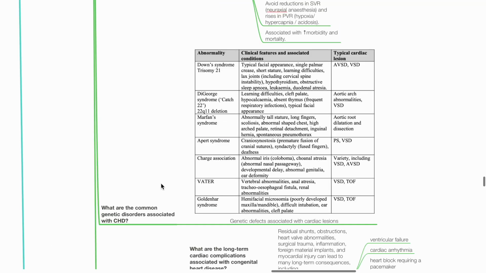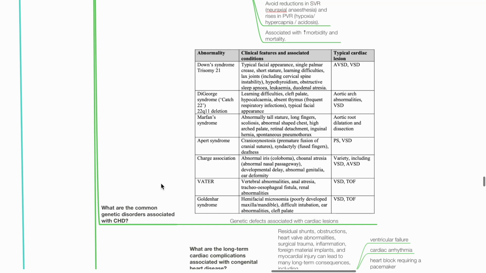What are the common genetic disorders associated with CHD? This includes Down syndrome, with typical cardiac lesions AVSD and VSD; DiGeorge syndrome, associated with aortic arch abnormalities and VSD; Marfan syndrome, associated with aortic root dilation and dissection; Apert syndrome, associated with PS and VSD; CHARGE association, where a variety of cardiac lesions are possible, such as VSD and AVSD; VATER syndrome, which stands for vertebral abnormalities, anal atresia, tracheoesophageal fistula, and renal abnormalities.